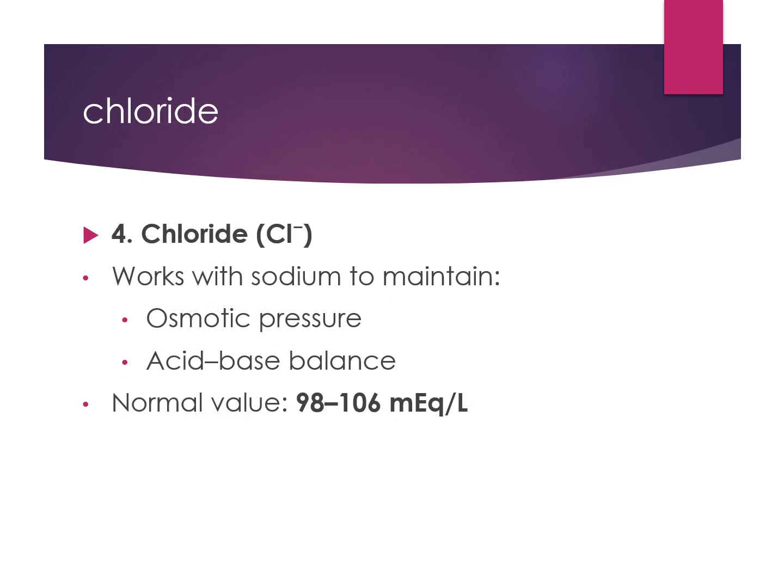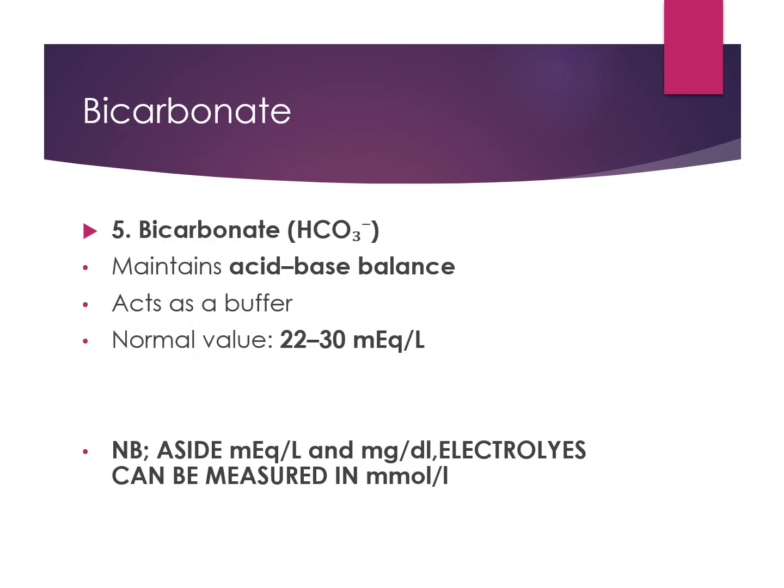Then four, we have chloride, which is an anion that works with sodium to maintain osmotic pressure and acid-base balance, with a normal value of 98 to 106 milliequivalents per liter. Sometimes these ranges vary per books or literature. And the last on my slide is bicarbonate.